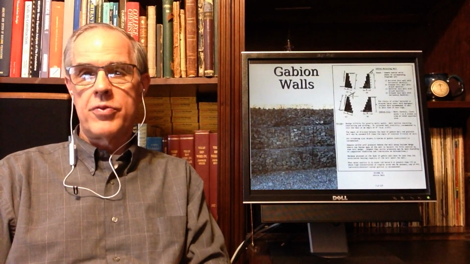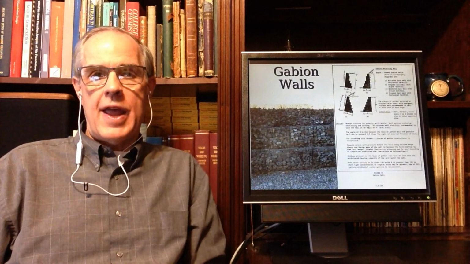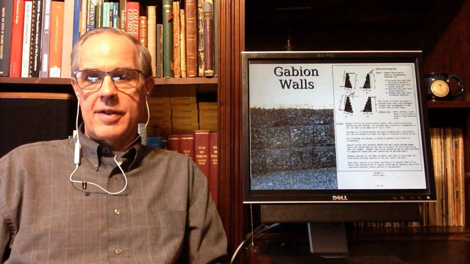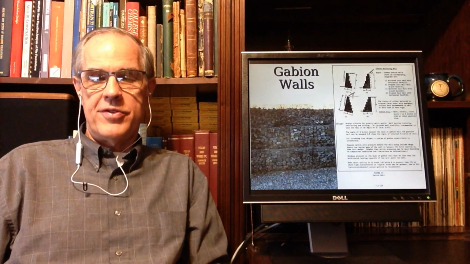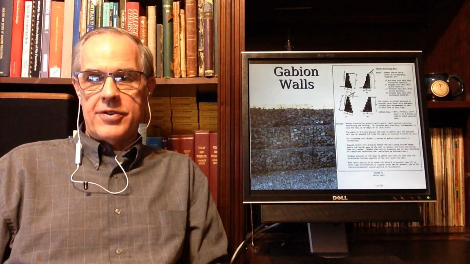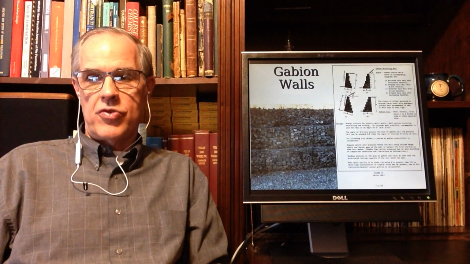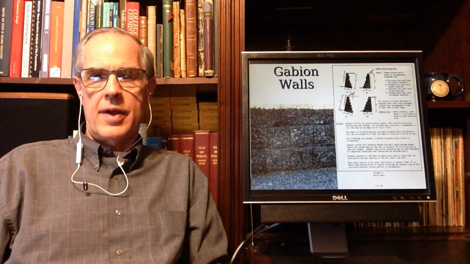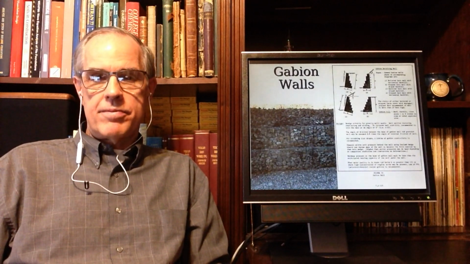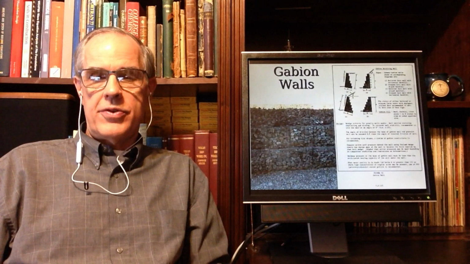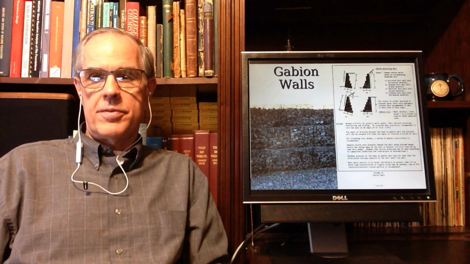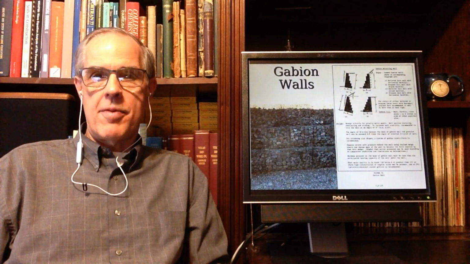A couple of other walls I'll just briefly mention are gabion walls. Gabion walls are basically rocks put in chicken wire boxes and stacked up. They're very economical, and surprisingly you still see quite a few of them. They're not difficult to put in place; you just stack them up.